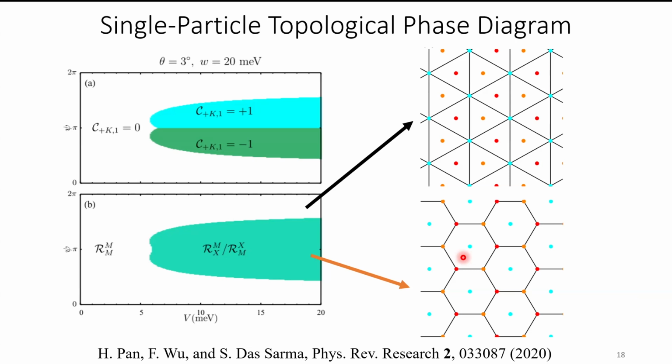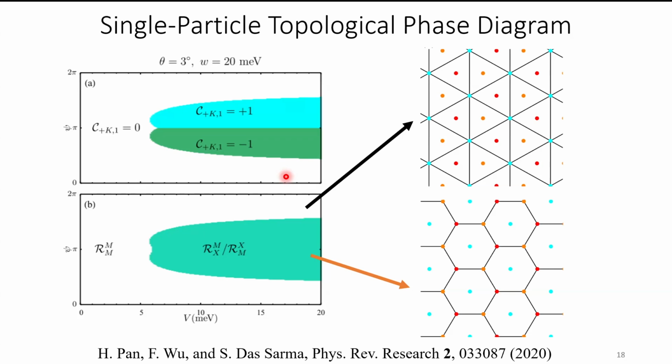This is a phase diagram in terms of parameters, and in part of the parameter space, the bands are indeed topological. The Chern number of the first band is either +1 or -1, but in this wider region, the Chern number can be 0. So the topology is parameter dependent, and in the topological part, we find that the potential maxima form a honeycomb lattice.